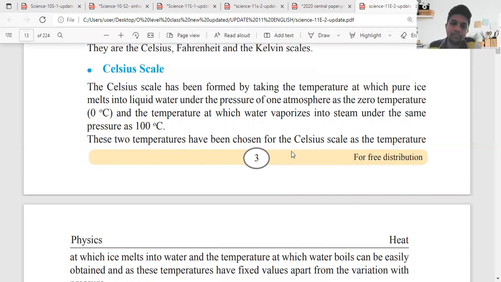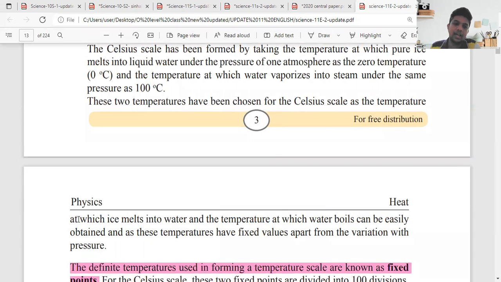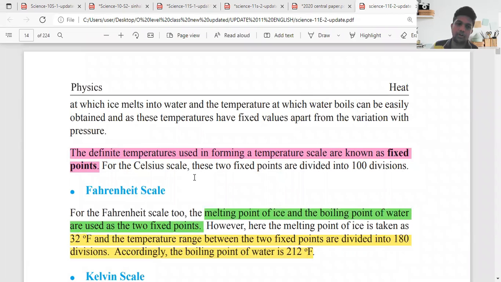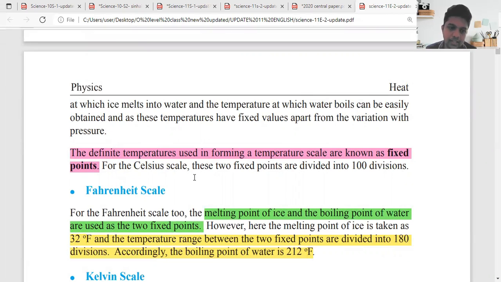Those two temperatures have been chosen for the Celsius scale as the temperature at which ice melts into water and the temperature at which water boils, as they can easily be obtained and have fixed values apart from variations due to pressure. Okay, write down the point here.